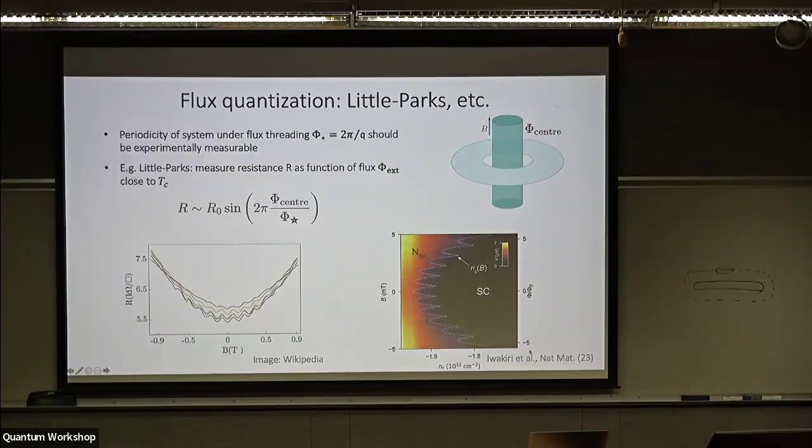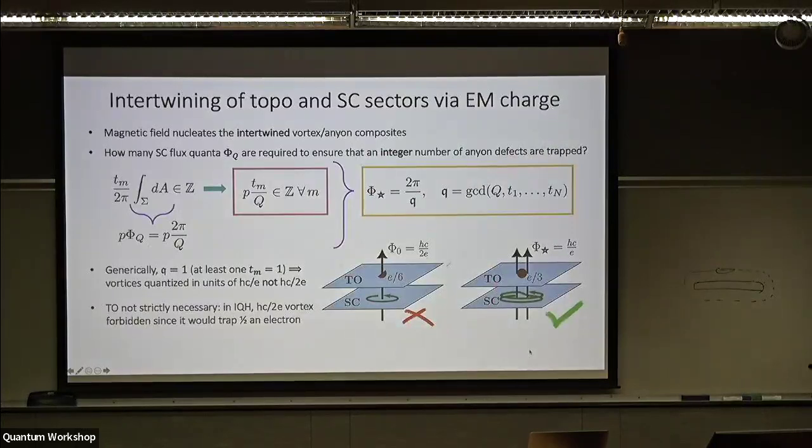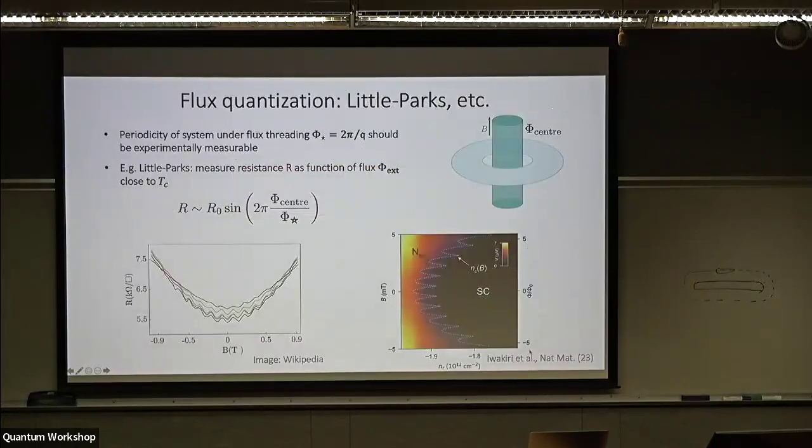That is what I called this, phi star, as opposed to phi sub q. This should be true for essentially anything we have. Any quantity you measure should have the same periodicity.